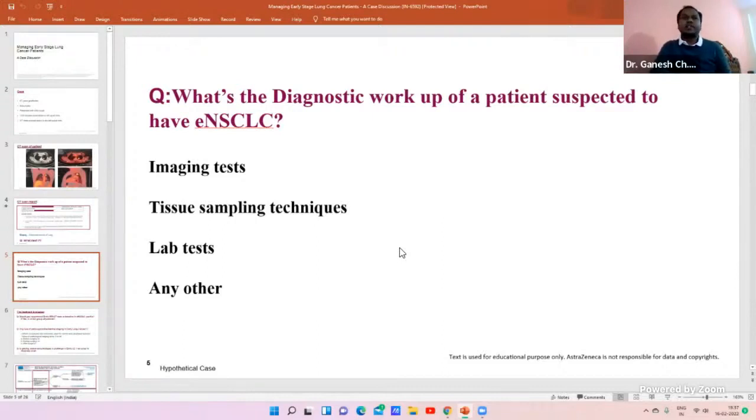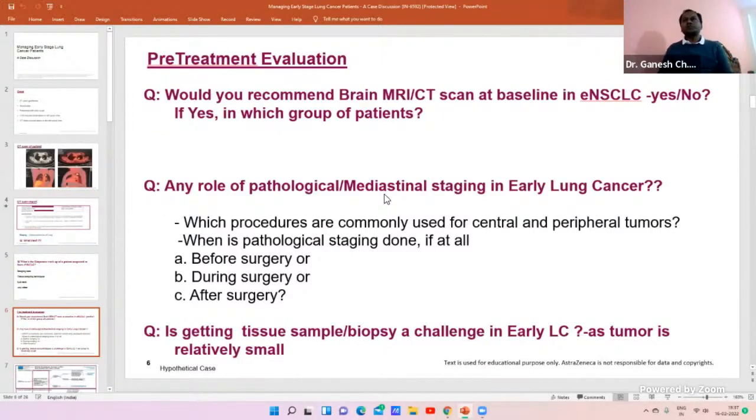This is a small lesion in CT, looking like a T1 or T2 lesion. So in that, if it's a peripheral lesion, we will do a biopsy, or if it is a central lesion, then we can do a bronchoscopy or EBUS. Would you recommend brain MRI or CT scan at baseline in early stage lung cancer?